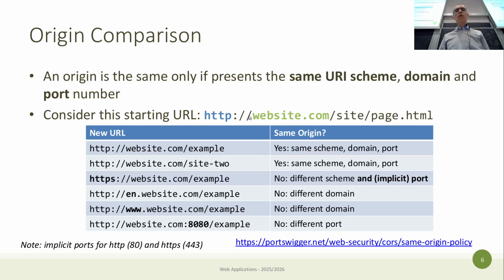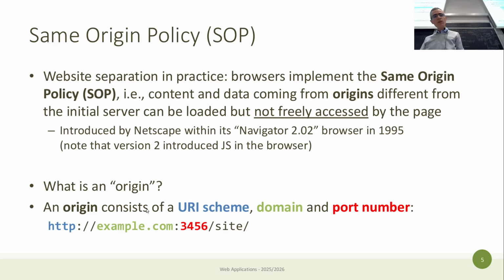So if you start from www.website.com, and you just have website.com, that's a different host name. Okay? And of course, if you change the port, it's also a different origin. Okay? So these are the rules that define if an origin is equivalent to another origin coming from another URL or not. Okay? So you need to compare the scheme, the domain, and the port number.